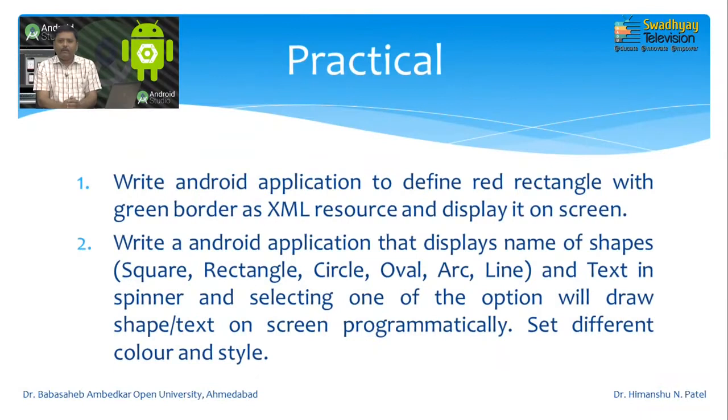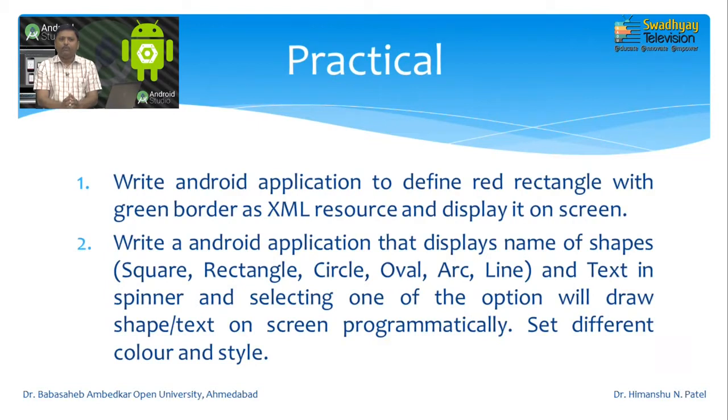Today we will write two applications. One, to define a red rectangle with a green border as an XML resource and display it on screen. And second, we write an Android application that displays names of shapes and text in a spinner, and when you select a particular option, it will draw that shape on screen programmatically, and we will set different colors and styles for these shapes.